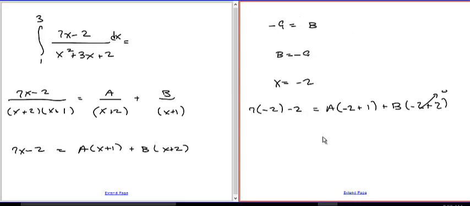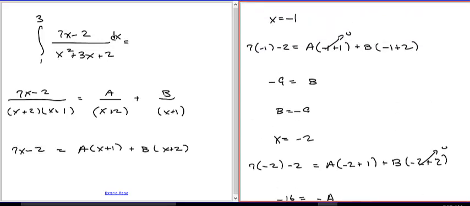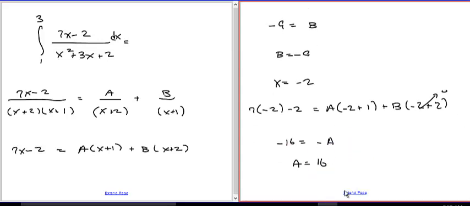So this allows you to solve directly for a. So we got -14 minus 2 is -16. And we end up with -a. So a is equal to 16. So we got a is 16, b is equal to -9. If I did that right, let's just check here. Yeah, okay, so that's right.